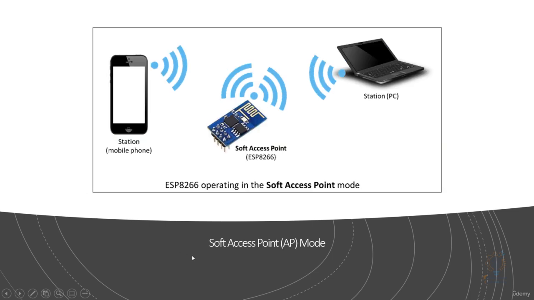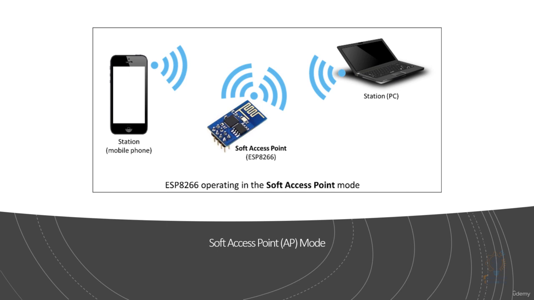Now the second mode is called soft access point mode. In the soft access point mode, the ESP32 creates its own Wi-Fi network and acts as a hub, just like a Wi-Fi router, for one or more stations. That is called an access point, or AP.